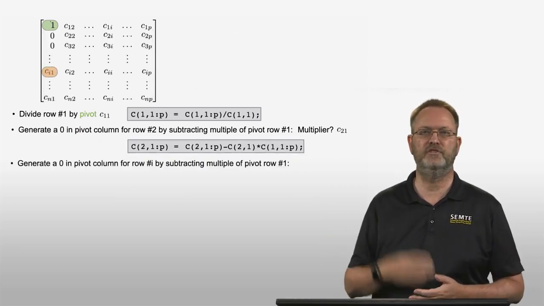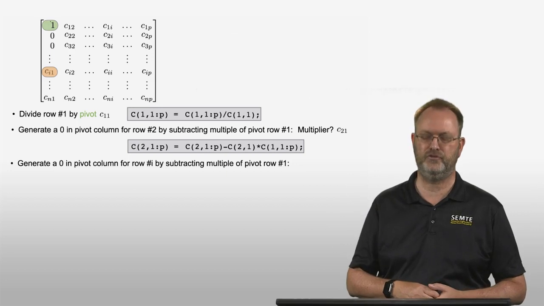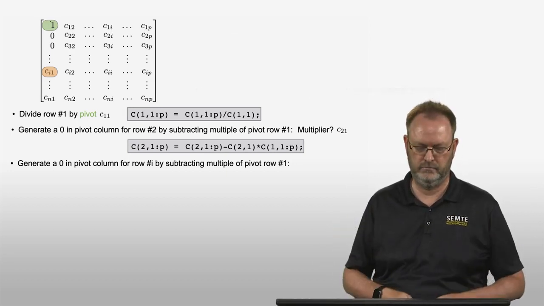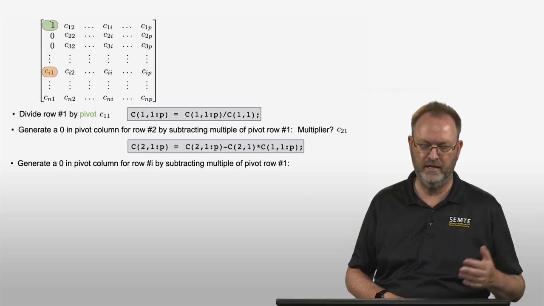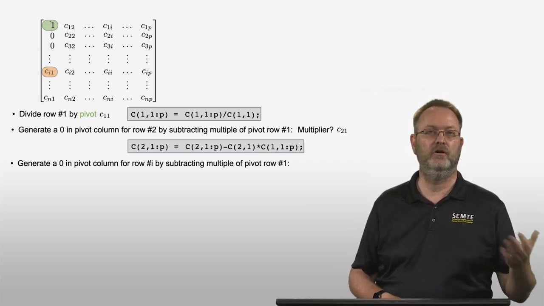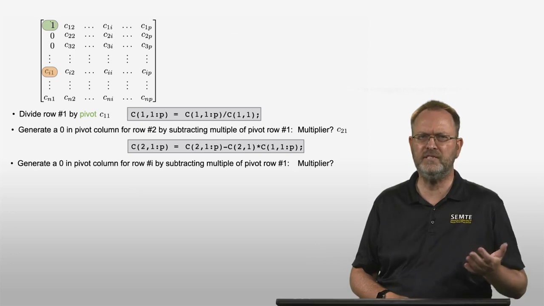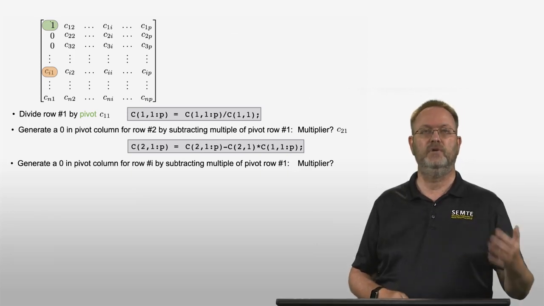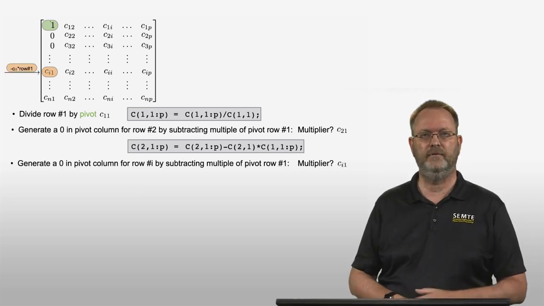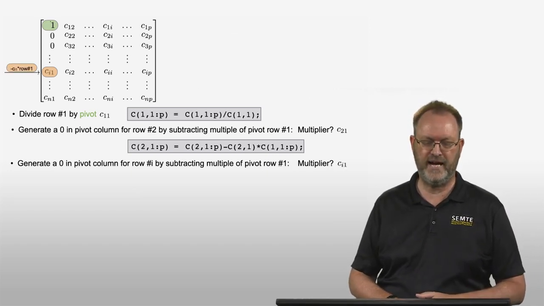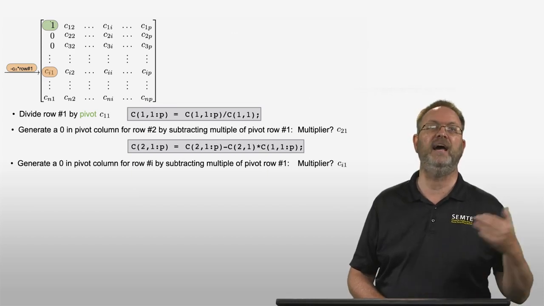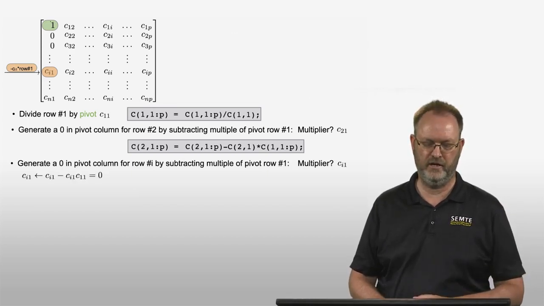Now I have to do this for every other row than the first row. Let's do it for an arbitrary row I. So I'm going to generate a 0 in the ith row. What's the multiplier? The multiplier is the entry that I want to make 0, which is Ci, comma 1. So I'm going to subtract Ci1 times row number 1 from the ith row that I'm currently working on.